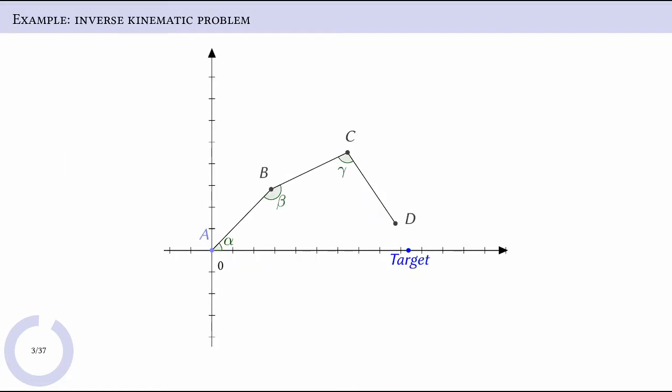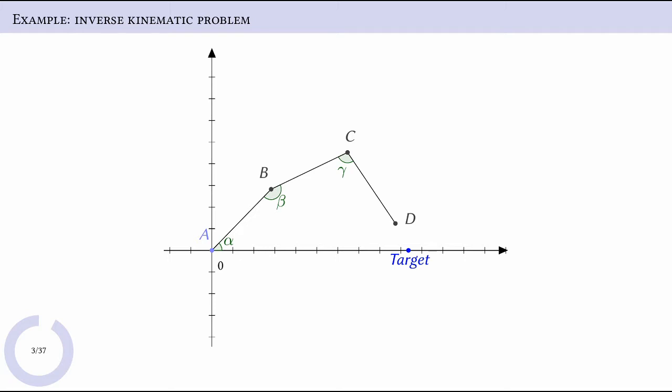From a mathematical point of view, we can think of such an industrial robot as a sequence of points such that two successive points are at a constant distance from each other. So A is at a constant distance from B, B is at a constant distance from C, and C is at a constant distance from D. These points represent the joints of this industrial robot.